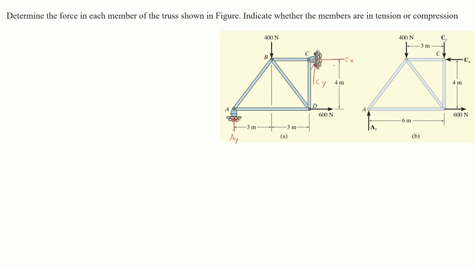So there are two reaction forces at point C and only one reaction force at point A. We can find these reaction forces by considering this truss in equilibrium, and this is a free body diagram of this truss where we can see the applied forces and reaction forces as well.